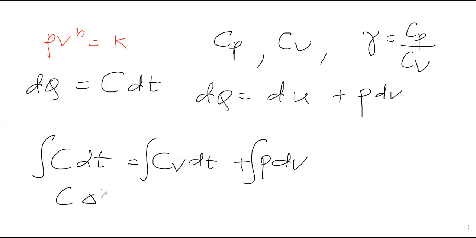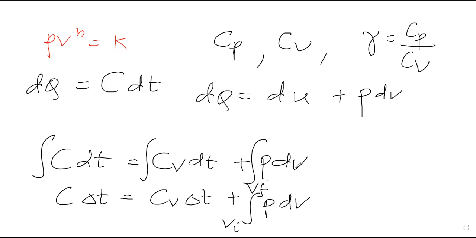This gives me C delta T = Cv delta T plus the integral, and for this integration we have to apply the rules of nth integration, from V initial to V final. So I'll consider this particular integral separately: the integral from Vi to Vf of PdV. That's how I'll start.